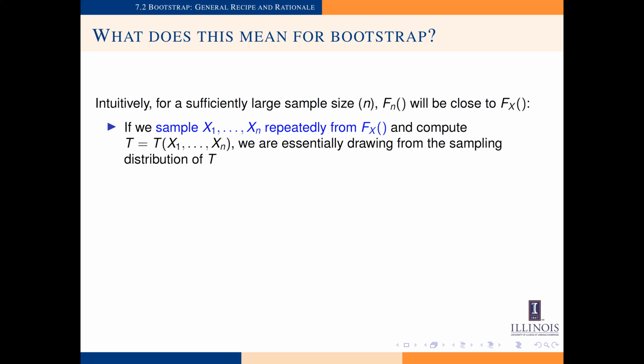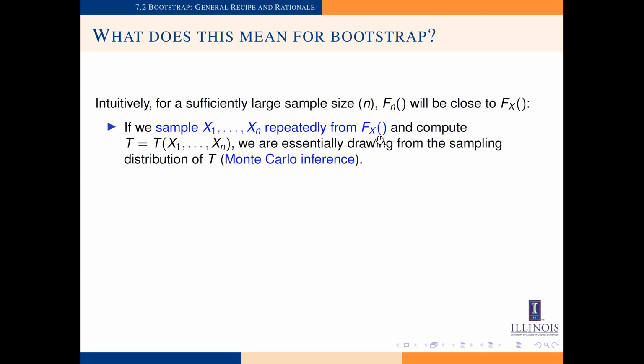If we sample X1 all the way up to Xn repeatedly from Fx, and then compute T, the function T evaluated at X1 all the way up to Xn, we are essentially drawing from the sampling distribution of T. This is what we did last time with Monte Carlo inference, where we sample from Fx, the distribution we know, so the theoretical distribution of our X's.